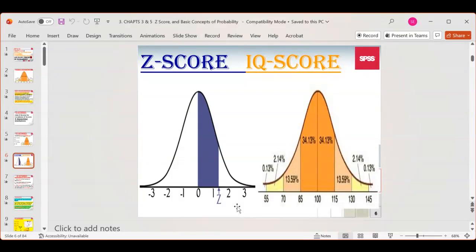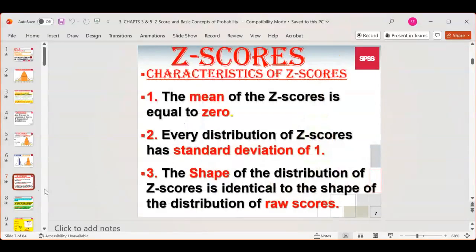We can determine that visually, but the job of the z-score is to pinpoint and tell us the exact score or location of the z, which you can see on the blue distribution. And that's what we want to do. Use the z formula.